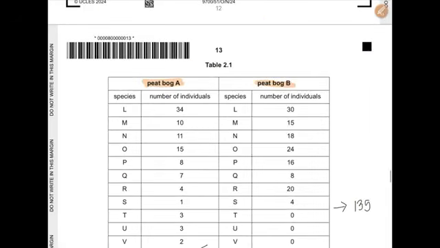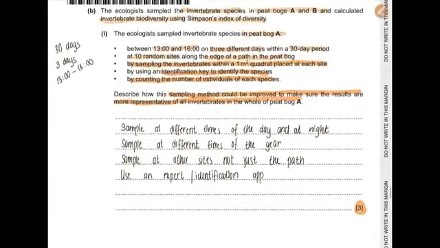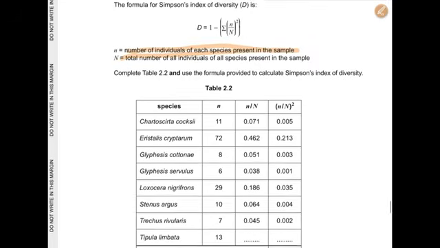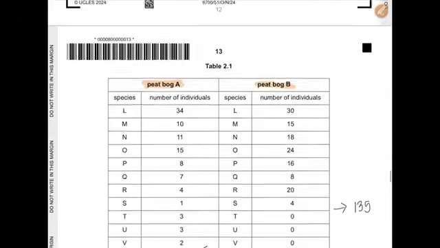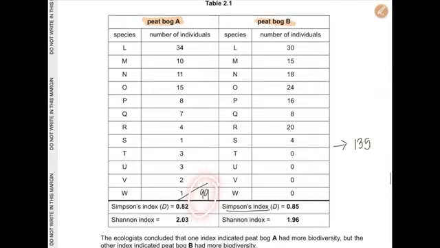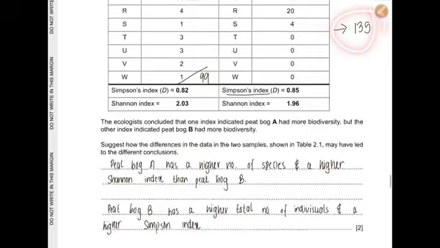Remember here, these are the number of individuals, right? So that's what small letter n represents. What about capital letter N? It represents the total number of all individuals of all the species present in the sample. That is the total number, which would be 99 in this one and 135 there.